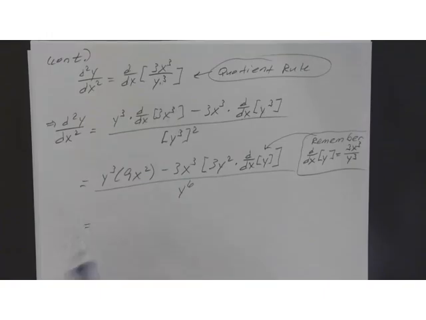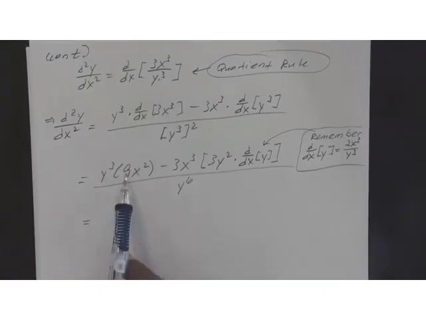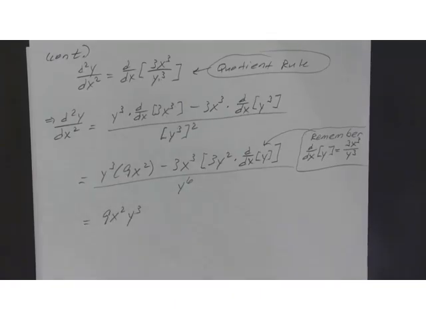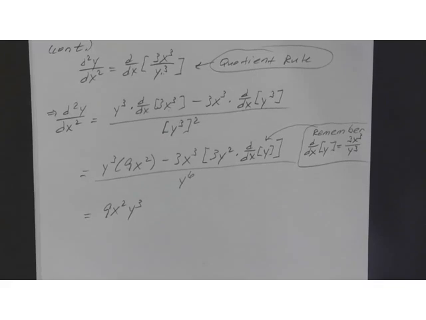So we can actually rewrite this. And this one, we can just call this 9x squared times y to the third. Since we know that multiplication is commutative, we can just shuffle those around.